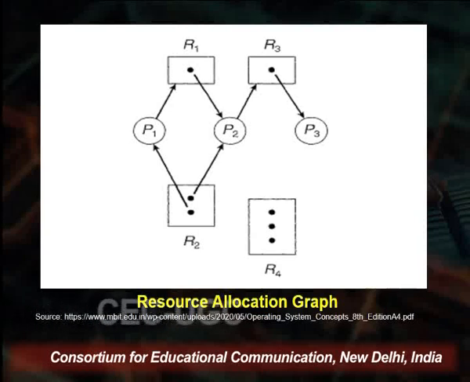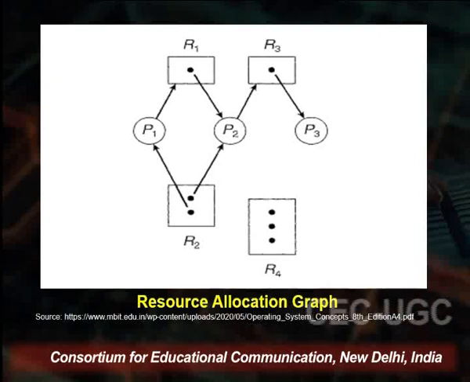Now looking at this figure, it is very clear that this resource R4 has not been asked for by any of the processes till this point. Neither has it been asked for nor has it been assigned. So there is no edge starting from R4, and also there is no edge ending onto R4. Now what is the situation of the other edges?